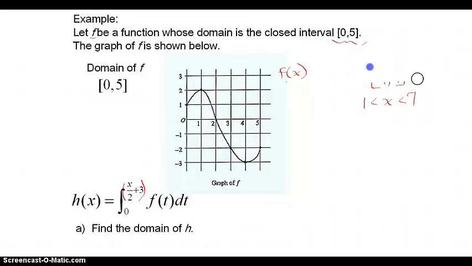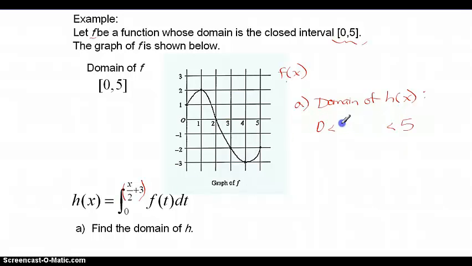So let's come up here and do this work for part A, and we'll see how we find the domain of h. So the domain of h of x will lie between the endpoints on f, and specifically as far as x is concerned, we'll have this relationship. Now we just need to solve for x in between our endpoints, and then we'll have the domain of h.